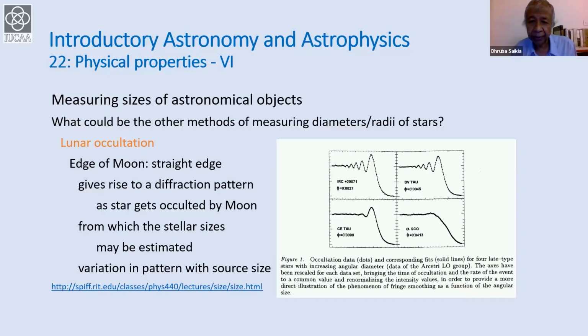Because radio wavelengths are large, you really need very long baselines to get even a fraction of an arc-second resolution, lambda by D. Lambda is very large. But by resorting to this technique at low frequencies, it was at that time the best known technique to infer the angular sizes of radio sources.